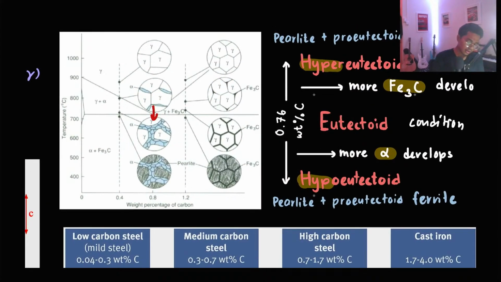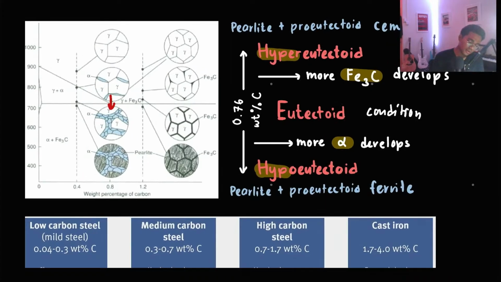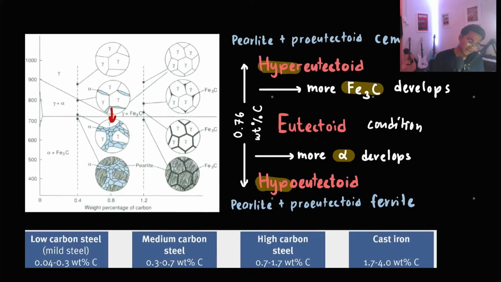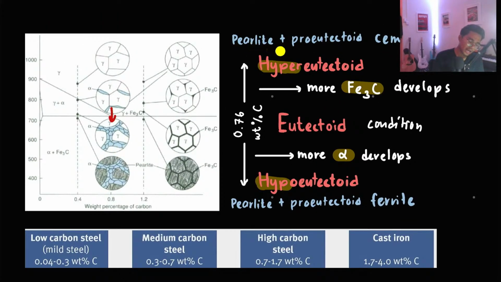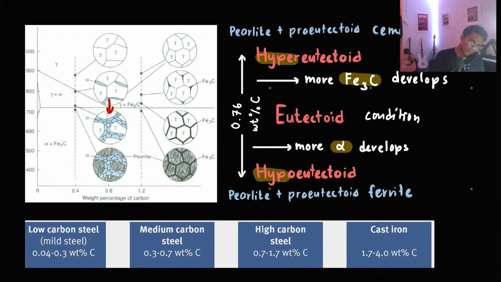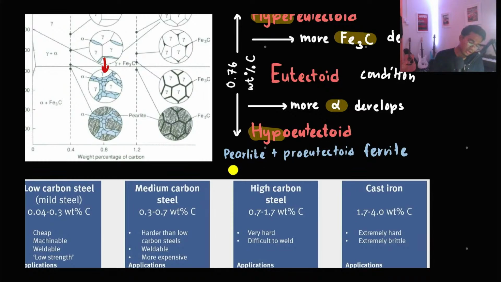So basically, this is the transformation of the different hyper-eutectoid and hypo-eutectoid. The end product of hyper-eutectoid is perlite plus pro-eutectoid cementite. But for hypo-eutectoid, the end product would be perlite plus pro-eutectoid ferrite.